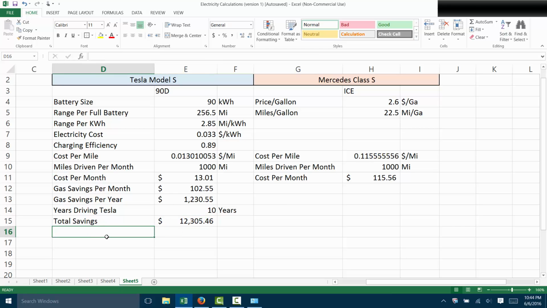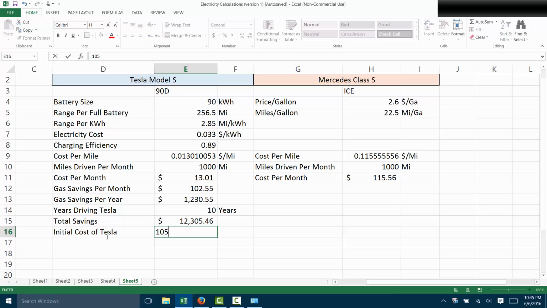When you're getting your car delivered, a Tesla 90D, the initial cost of the Tesla, right after you click on all the options that you like, I'll use the number for my car, which came out to be about $105,200, not including taxes.